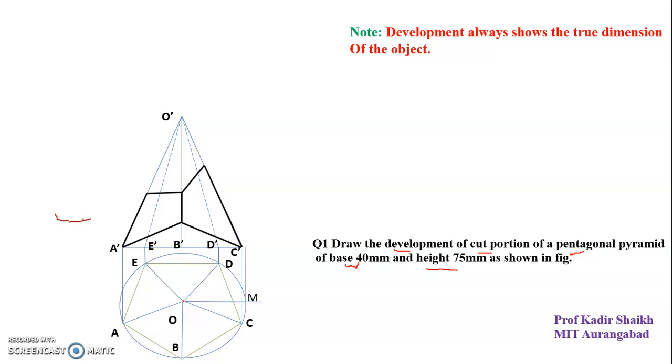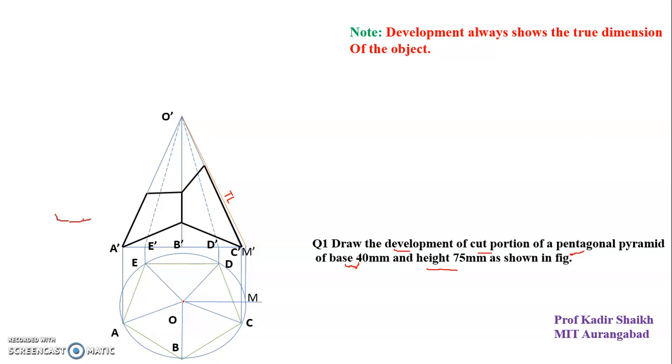Now project this M to the front view so that you get M dash. Joining O dash to M dash, we get the true length of the slant edge OC. This one slant edge of the pentagonal pyramid will be equal to the remaining 4 slant edges.